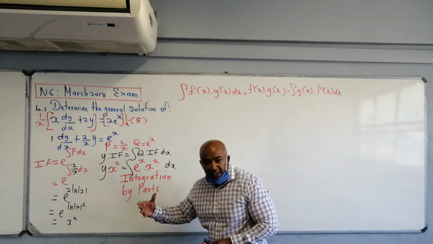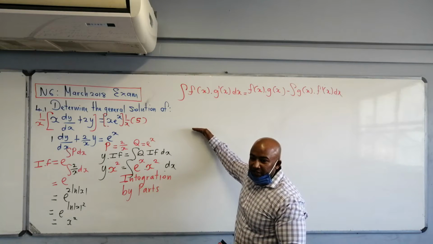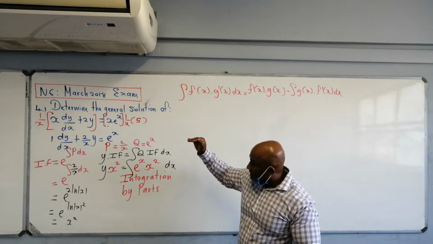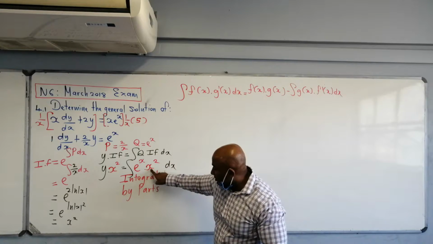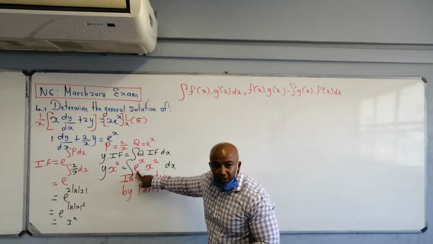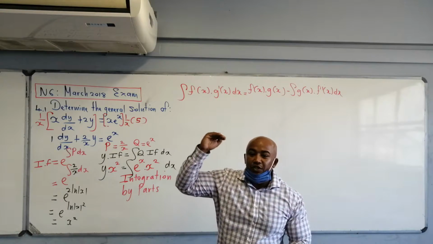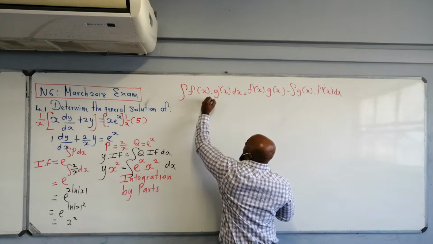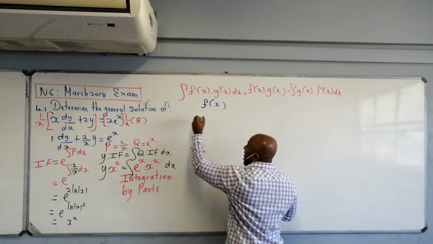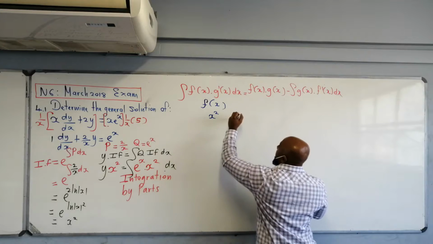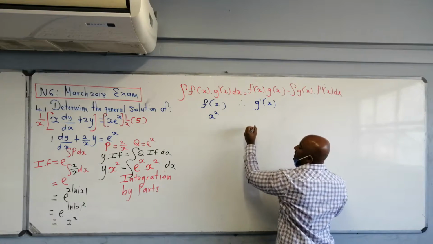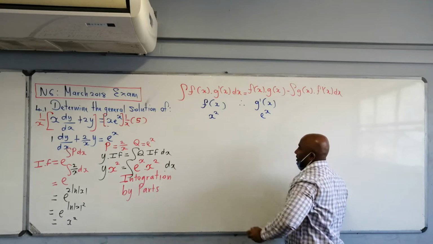You should know your priority list. Number 1 is inverse, number 2 is logs, number 3 is your powers of x, and number 4 is the exponential. So number 3 is what you need to choose as f of x. So my f of x is going to be x squared, so therefore g prime x is going to equal e to the power x.